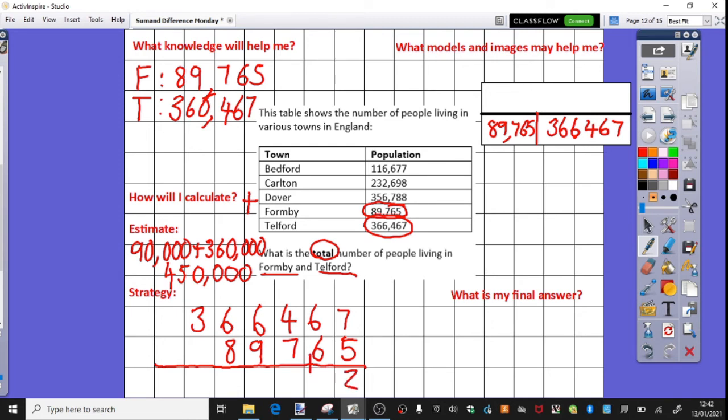We've got 12 plus one more is 13, that's 11, another 12, 16, and for that next one then, we've got 6 and 8 makes 14, is 15, and 4. So we've got 456,232.